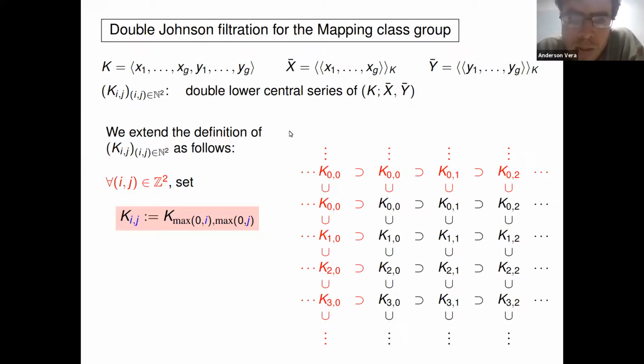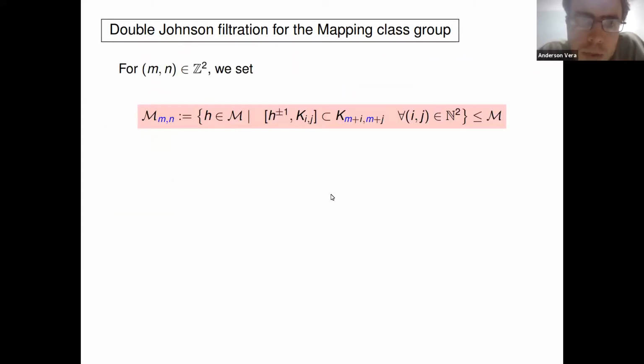And here, everywhere, we have K00. By using this extension, we can define the following subgroup of the mapping class group: the elements in the mapping class group satisfying an infinite number of conditions. There is a typo here, it is n here.